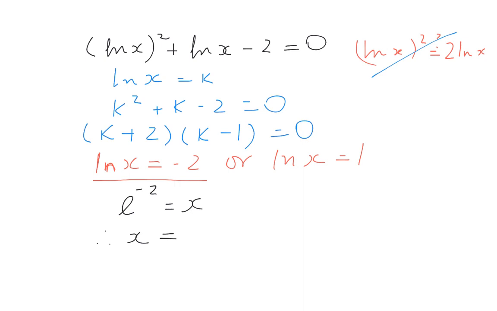So on your calculators, second function, ln, gives us e to the chosen power. We want to the power of minus 2, and we get 0.14 if it is correct to 2 decimal places. On this side, it's e to the 1 is x.